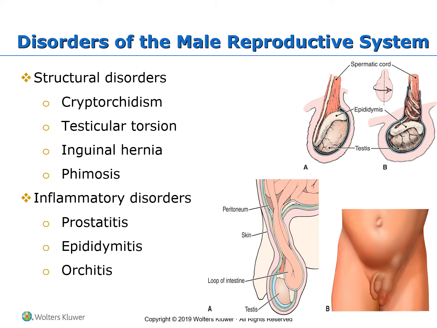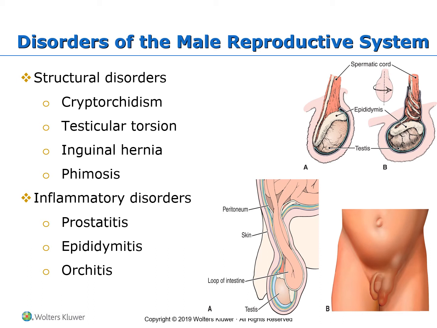This condition needs to be treated as soon as possible because a testicle that is exposed for a long time to the increased core body temperature may lead to infertility. In addition to that, an undescended testis may be subject to tumor formation.